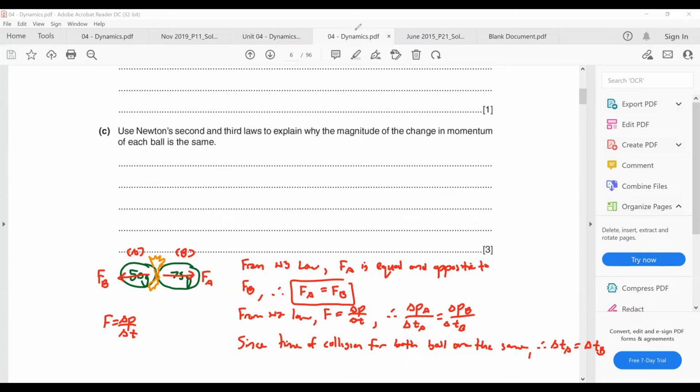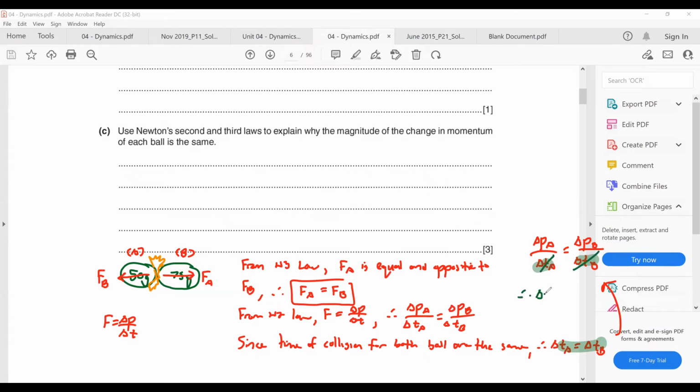Now, in that case here, what you will then get is that delta PA over delta TA equals delta PB over delta TB. Because you say that the time of collision is the same, this and this are actually the same. You can actually cancel it off.